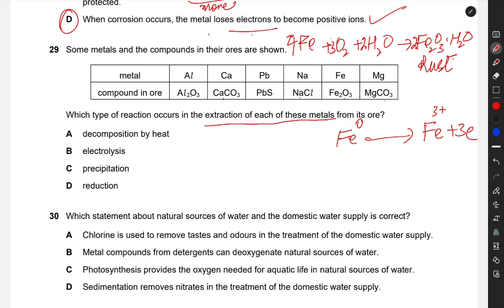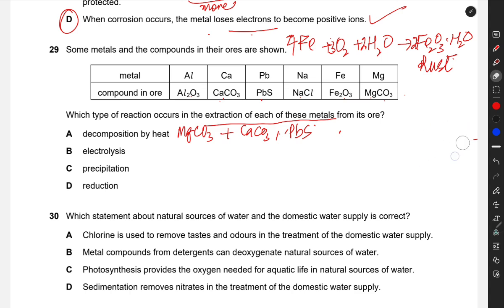Yes, decomposition by heat, magnesium carbonate, calcium carbonate, lead sulfide also, and iron(III) oxide.